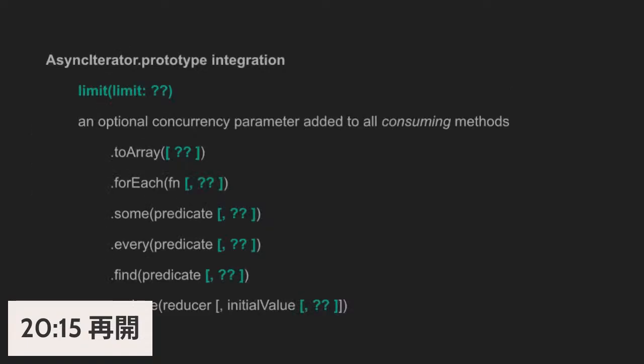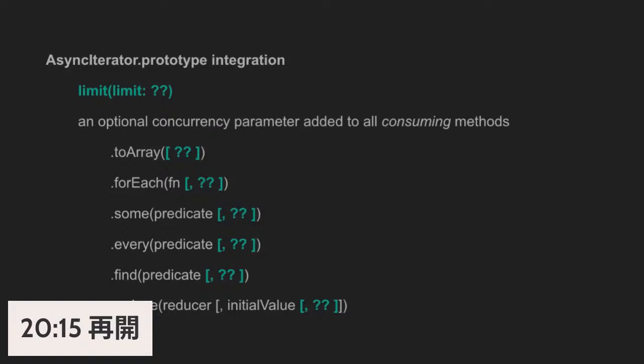Here are the consuming methods: toArray, forEach, sum, every, find, reduce. We need to give them some sort of parameter, right? And we also want a limit transformer that can take a concurrency parameter and limit how concurrent the operations can be. So that's solving that first goal.